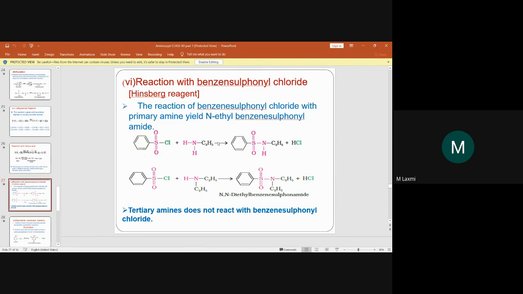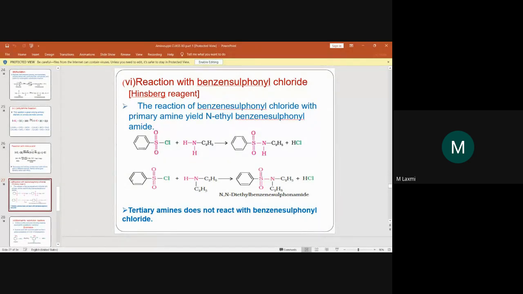You have got what is this amine? This is a primary amine, RNH2. Primary amine is reacting with benzene sulfonyl chloride to give you, what is this? Yesterday I told, what is the name of this compound? Ethyl benzene sulfonamide. Now you have a secondary amine here because of two R groups.